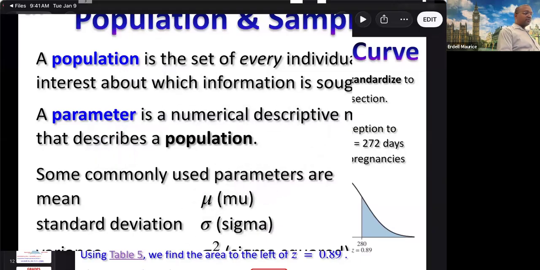We use Greek letters to represent numbers that come from populations. This mean is not only an average, it is an average of everybody. If I wanted to find your average grade, I would need to take the grade from everybody in the class, going around asking, what's your current average?